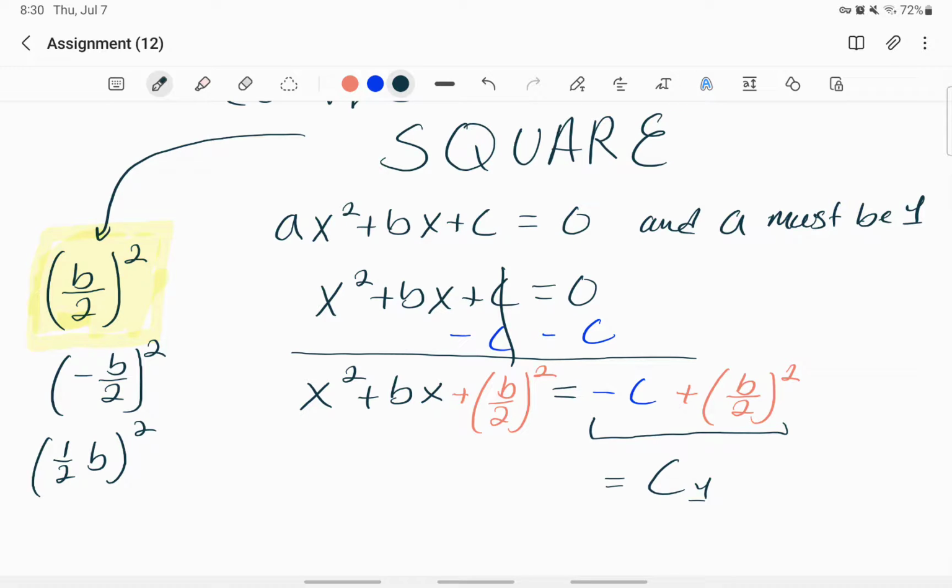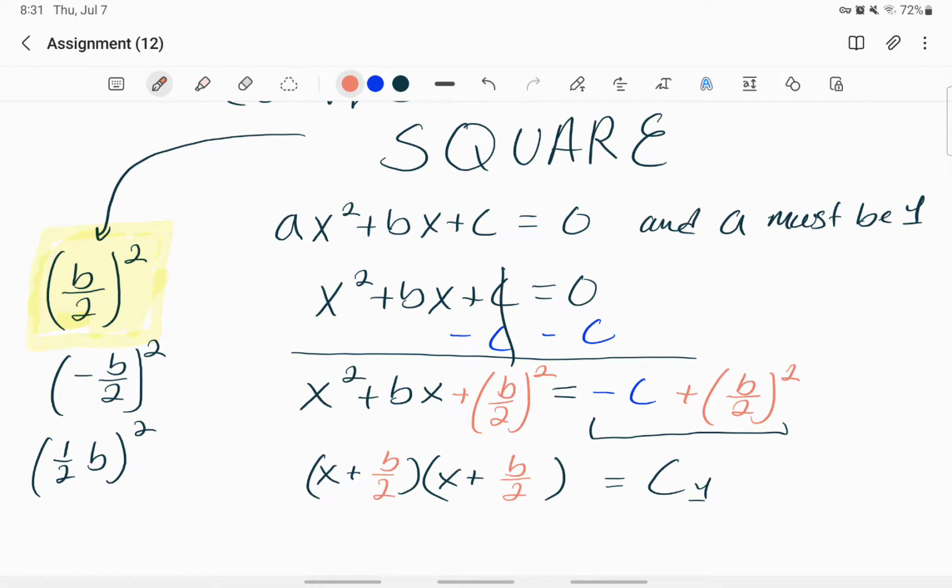And on the left side, I can now factor this. And when I factor this, x squared is x times x. And that's going to be positive because everything is theoretically in this case positive. That is going to be b over 2 and b over 2.